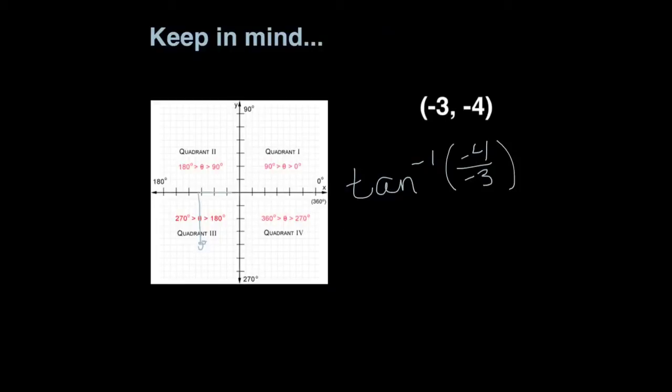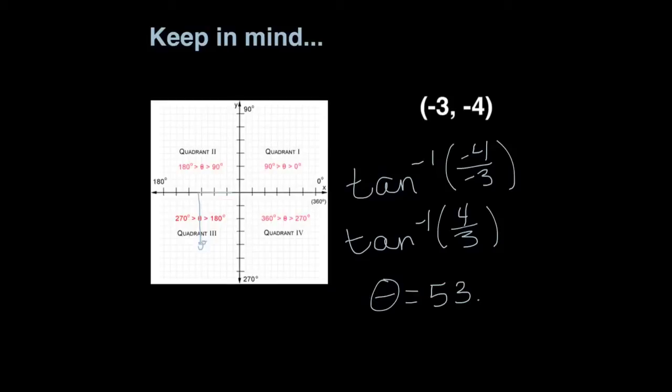Your calculator is going to consider that that's a positive number. And when your calculator gives you the answer, it's going to tell you that the angle is actually 53, like we got before. So that would imply that you're somewhere over here. But the point -3, -4 is there, so we'll need to make some adjustments.